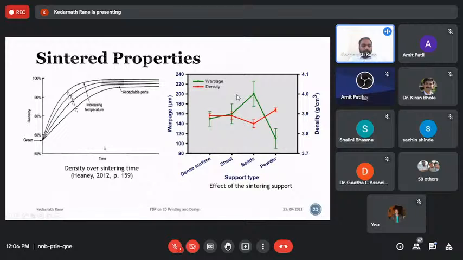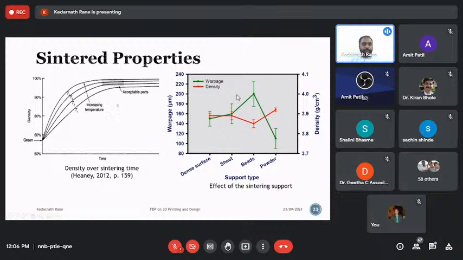When it comes to the process optimization for the debinding process and sintering process, we have density considered here, and with respect to time, we can see there is an increase in density.